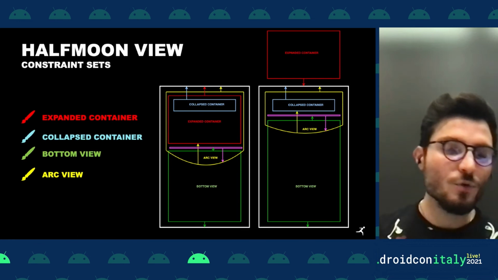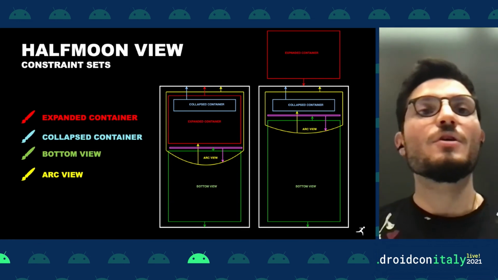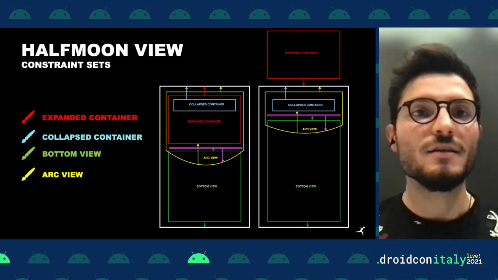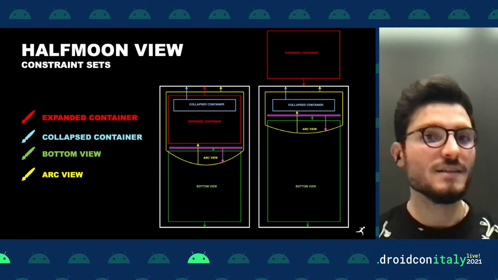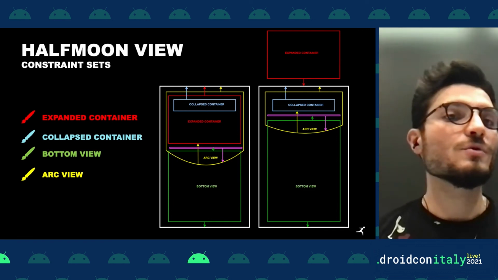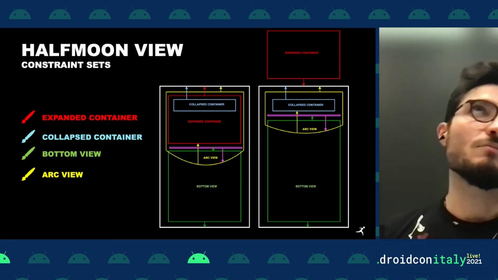So here I try to represent the initial and final states of the view. I know that my drawing skills are very bad, but I did my best, and I hope it's clear that there are actually 4 main views, the most important ones.